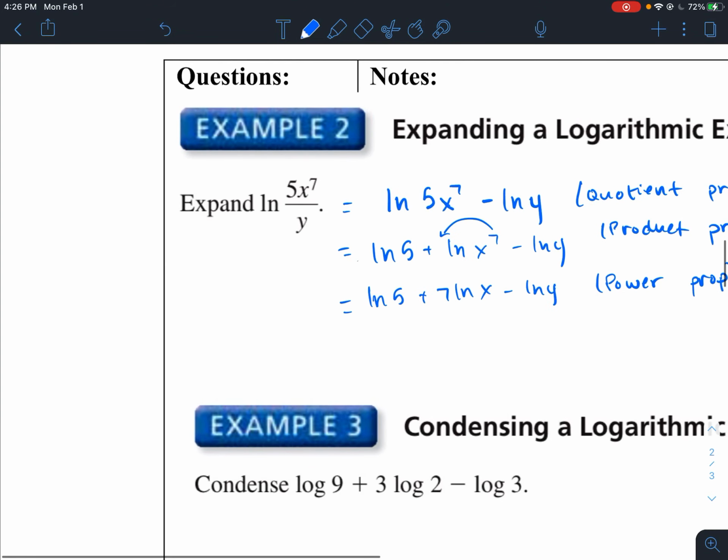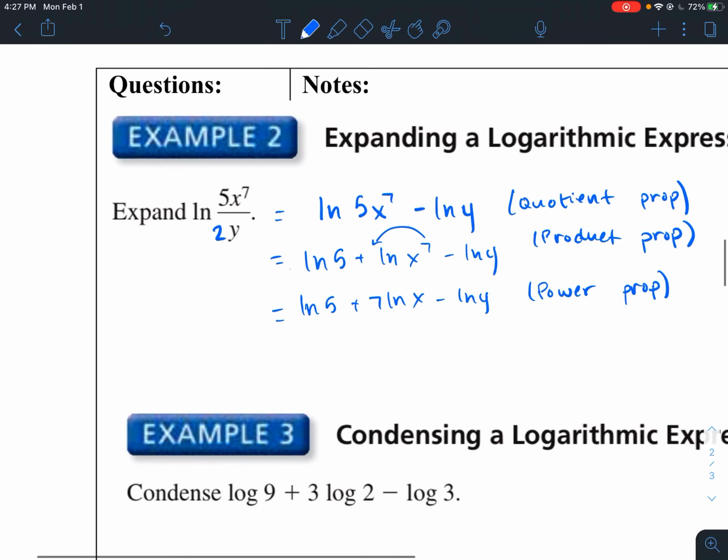Now, let's say, for example, I had 2 times y down here. Or let's just say 2y. So these are being multiplied right here. What does that mean if I have two items being multiplied in the denominator?